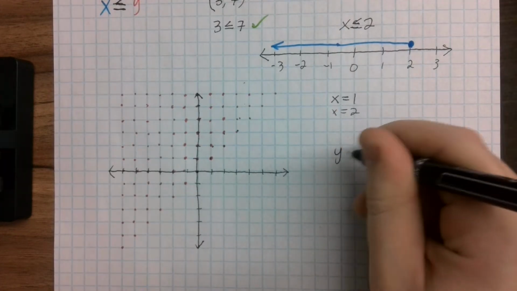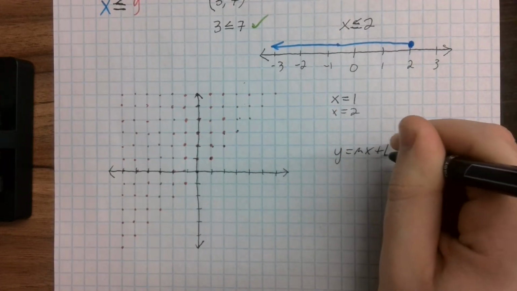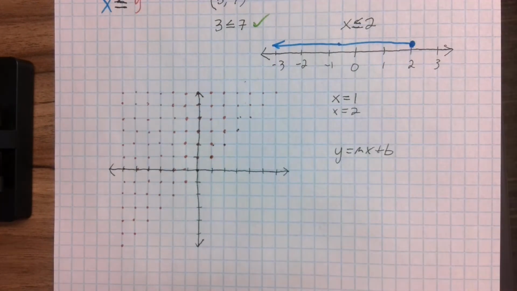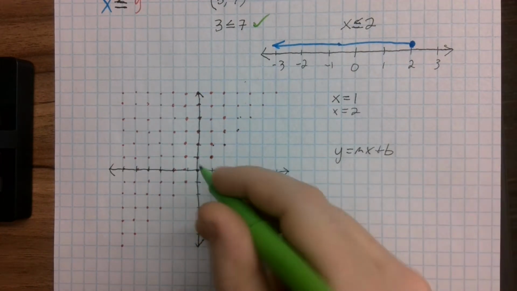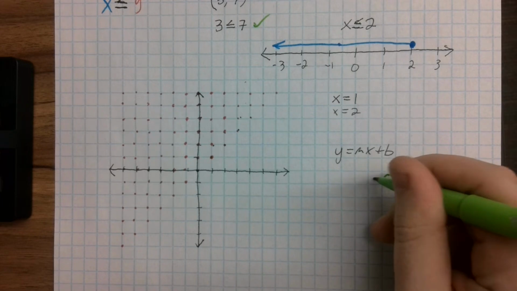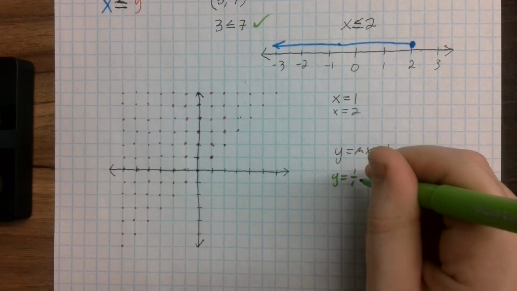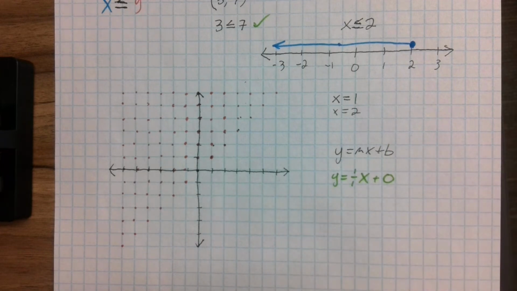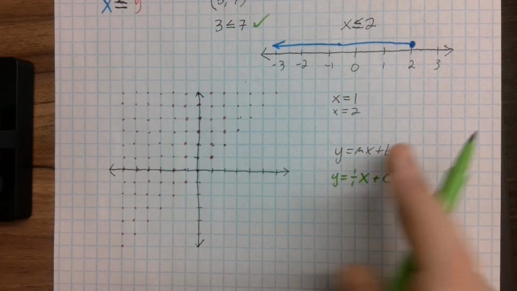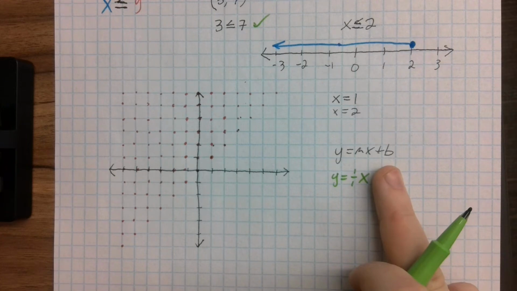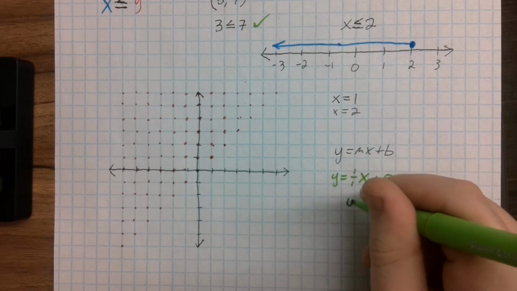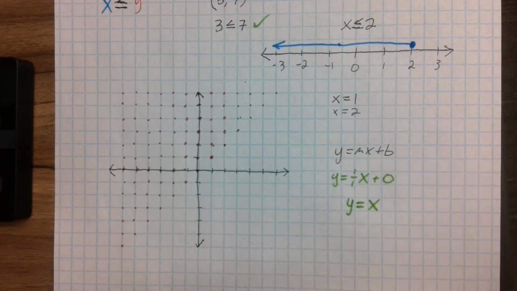Well, if we put it into y equals mx plus b form, our starting point is at 0, so our y-intercept is plus 0, and if we go up 1 over 1, that's 1 over 1x. Since this is 0, we can just get rid of that, and 1 over 1 is just 1. This boundary line, as we call it, is the graph y equals x.